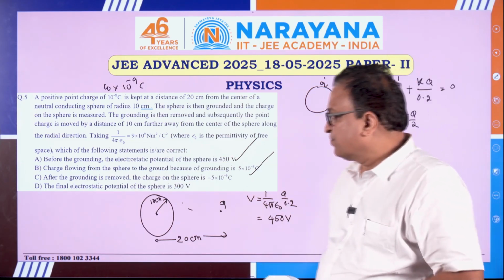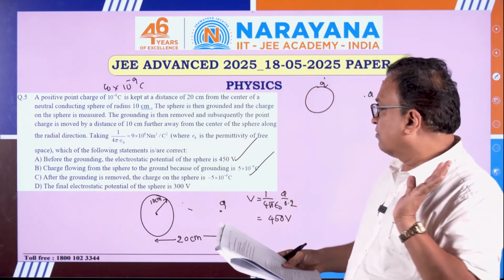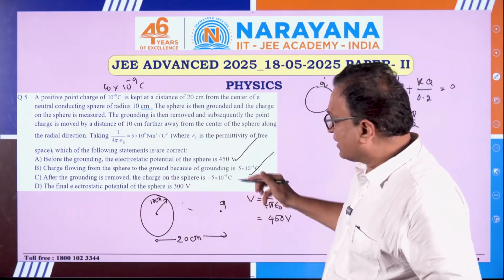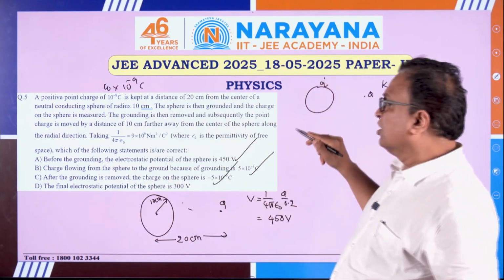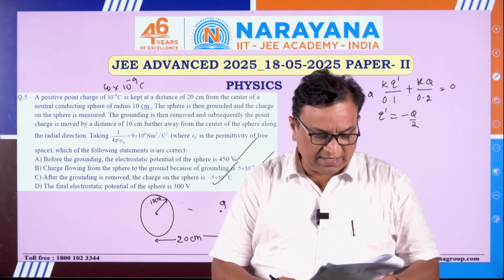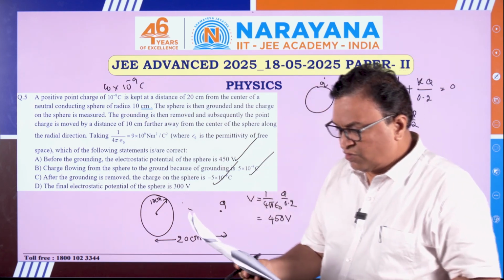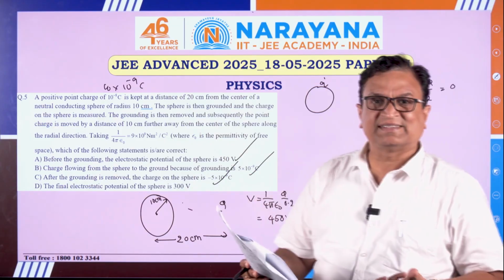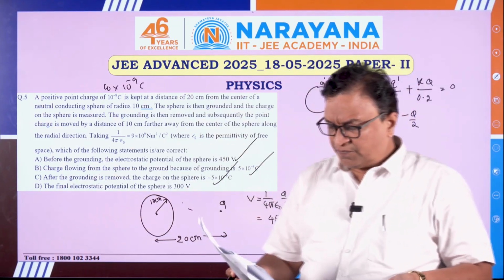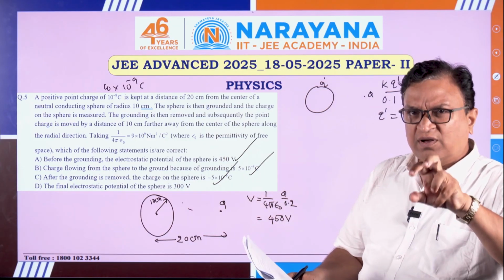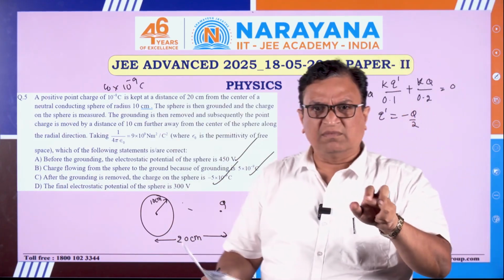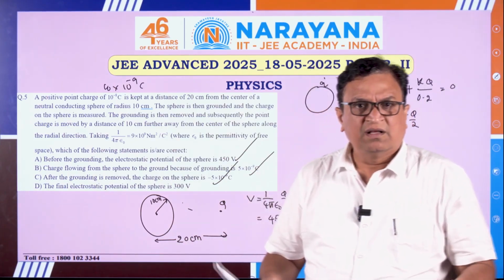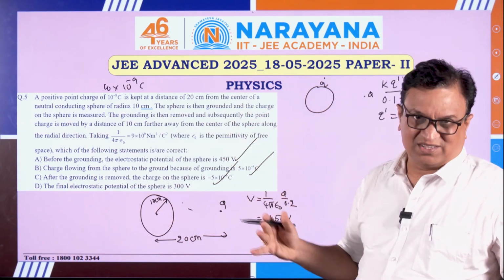So correct. After grounding is removed, the net charge, when you are correct in B, you will be correct in C. The final electrostatic potential of the sphere is, remember, if everything is the same, 0 I would have written, but you have disturbed that point charge.